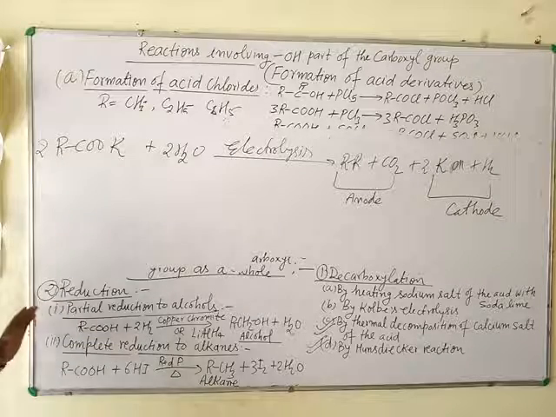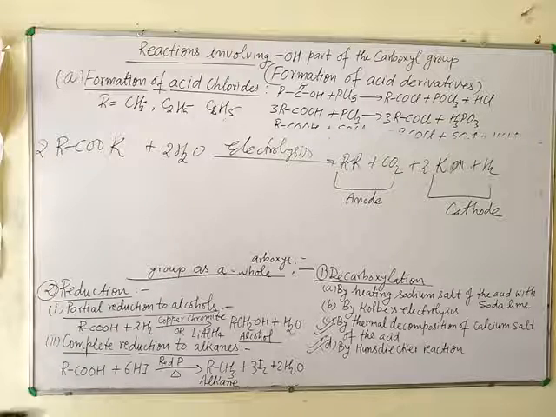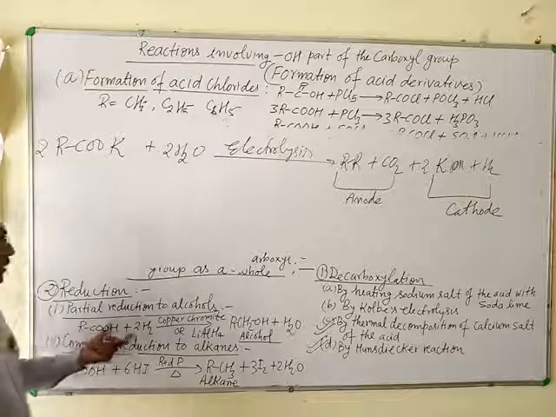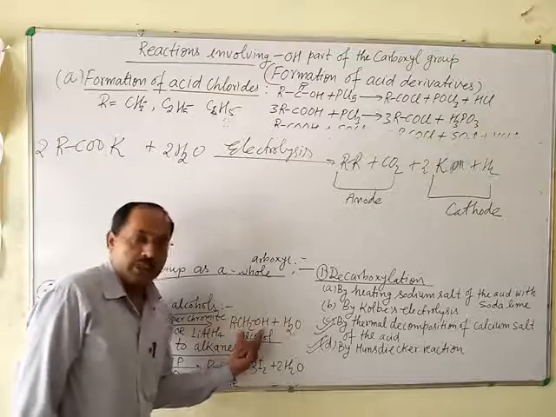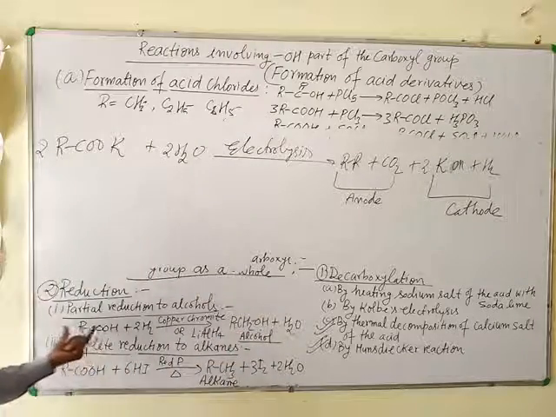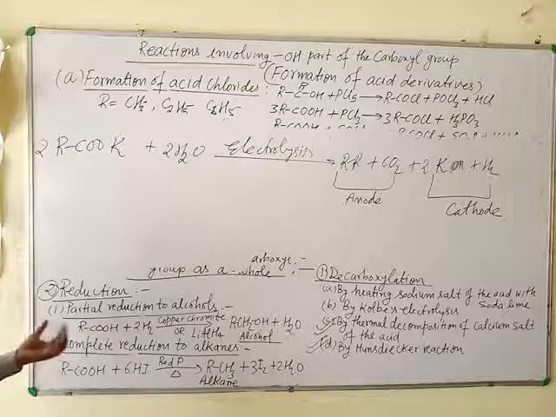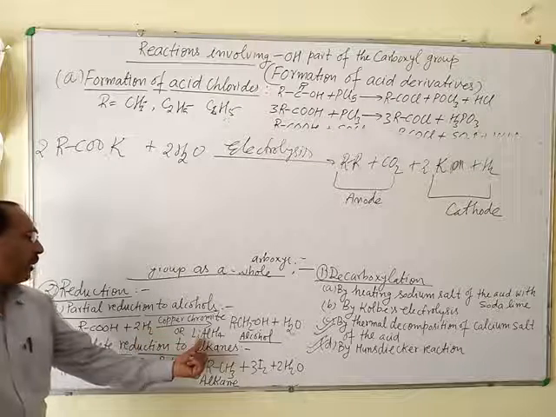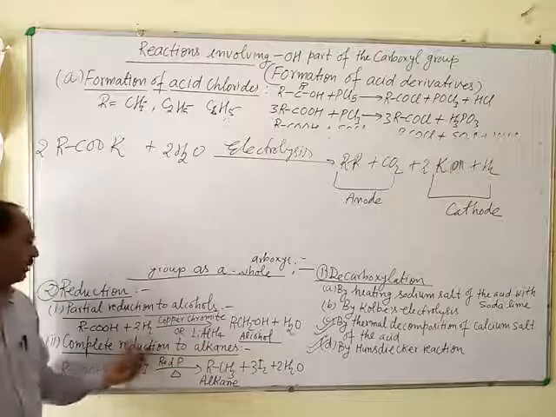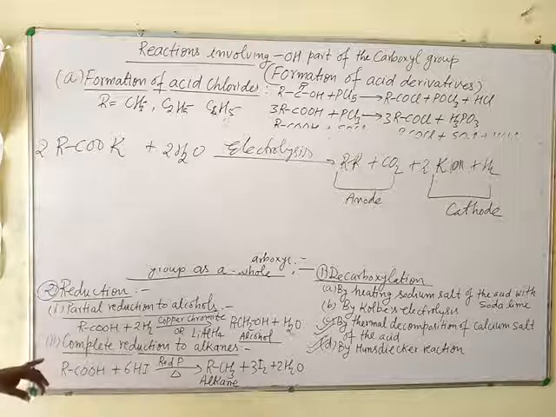But in this case, reduction stops at the alcohol stage. That's why this is called partial, incomplete reduction, and it is carried out by lithium aluminum hydride or copper chromite and molecular hydrogen.